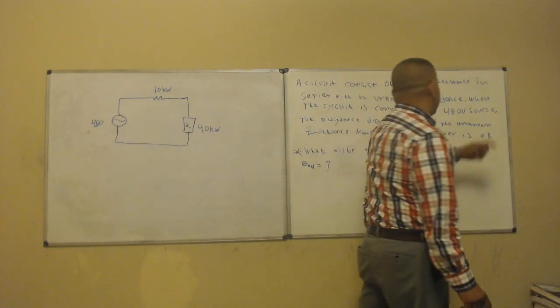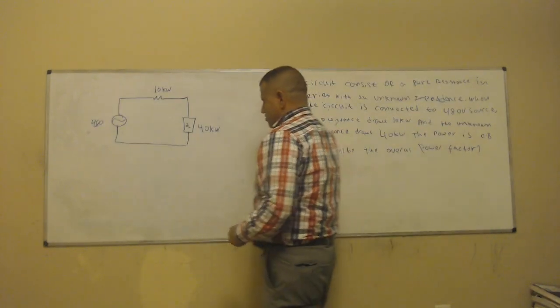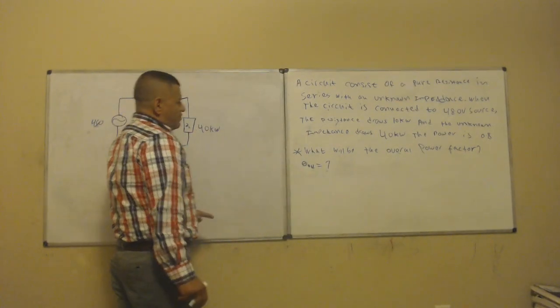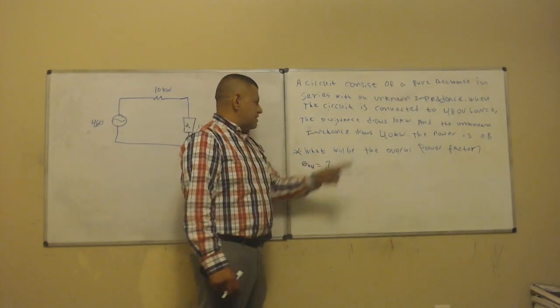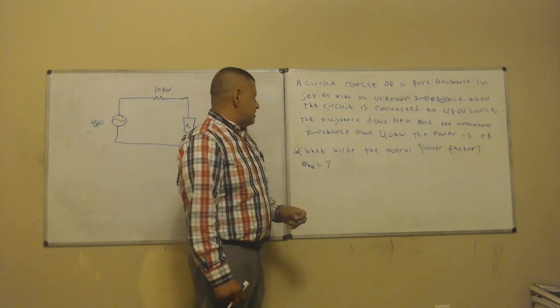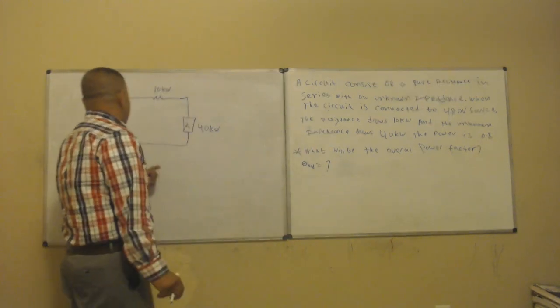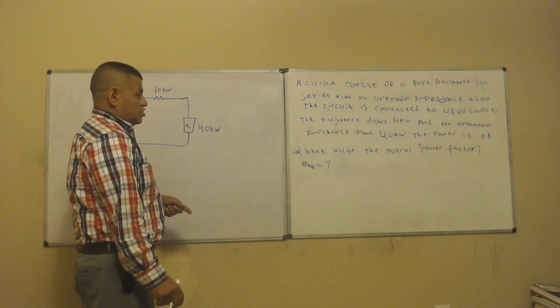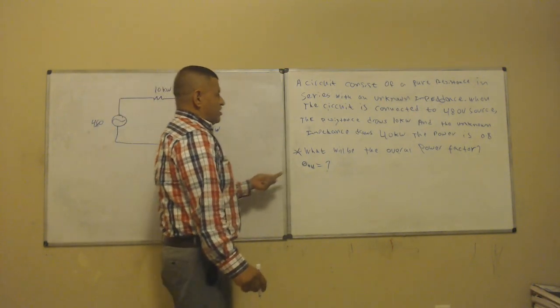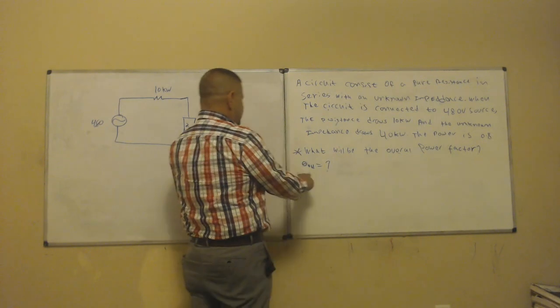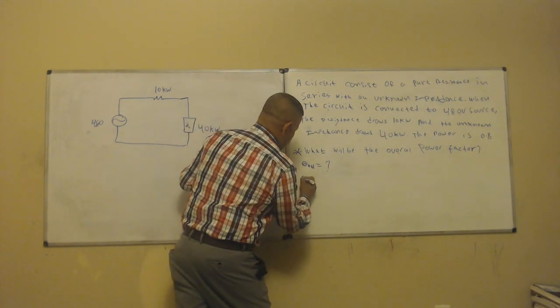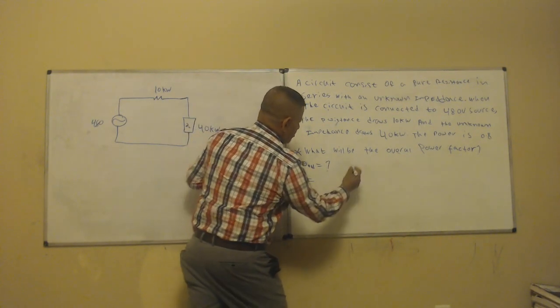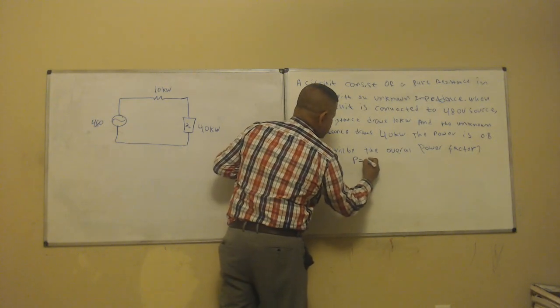We have the power factor, but based on this we don't know what the next power factor will be, because we are going to have two different things combined here. So we know theta, we know the power factor, and we need theta old.